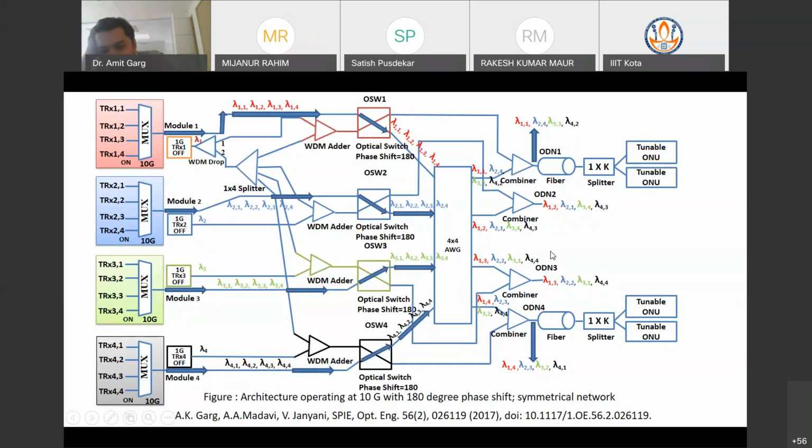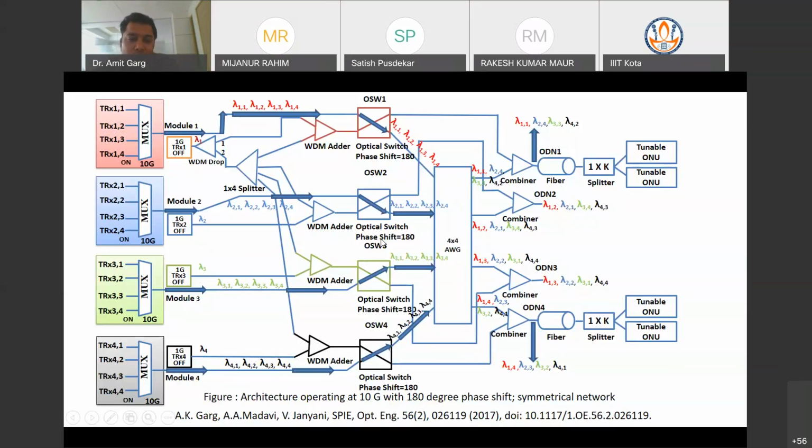So why deploy or lay down the whole network initially? There must be some mechanism of pay as you grow. It means we need to extend the network as we grow. We need not do all the capital expenditure in the initial stage of the deployment.